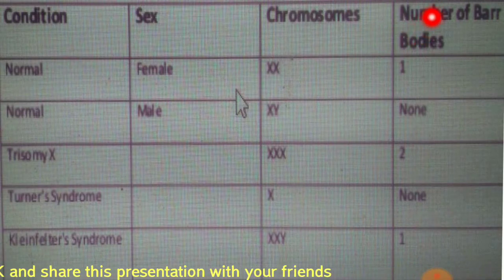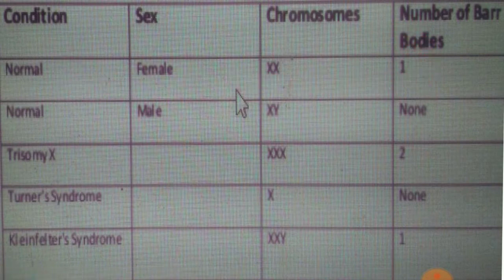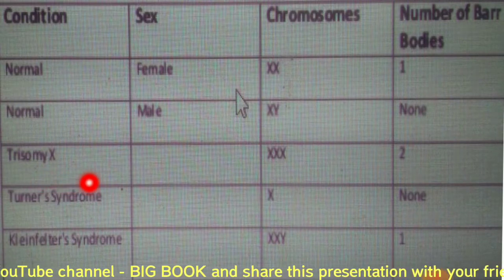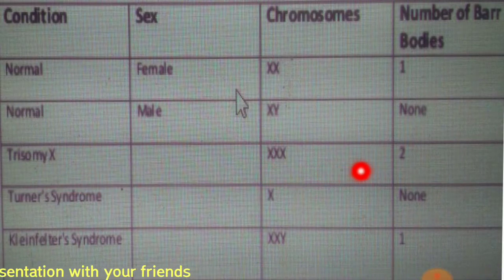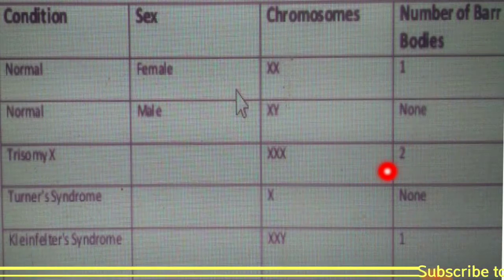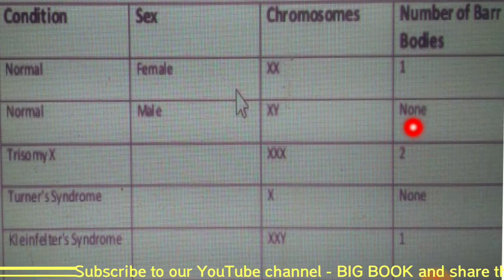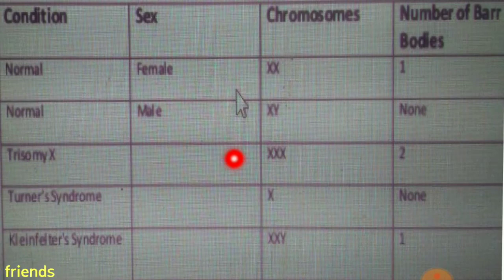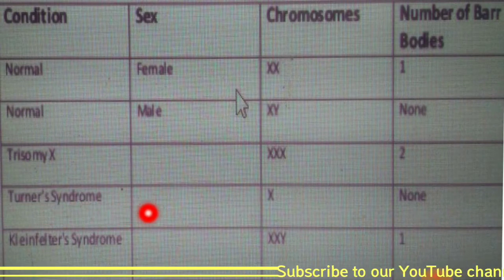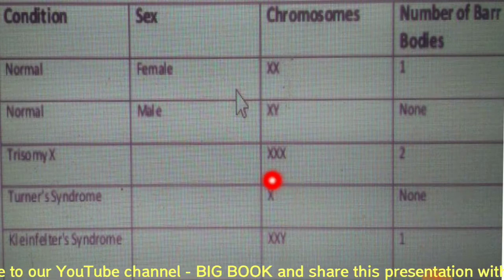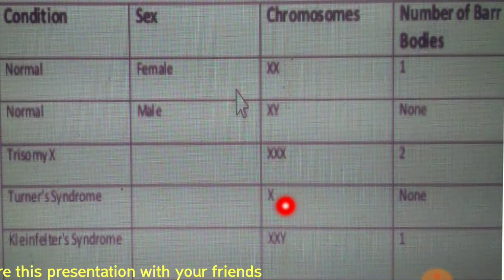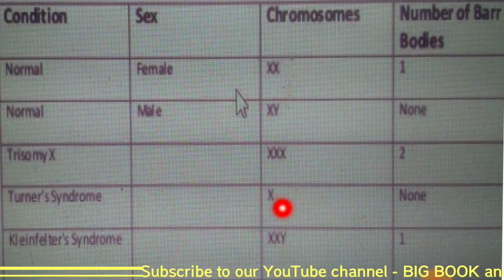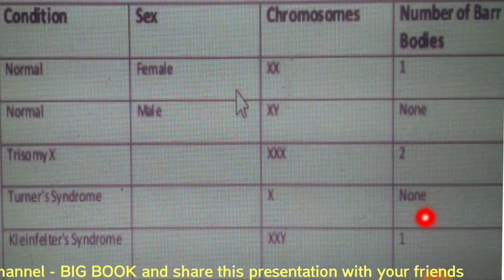And here is the trisomy syndrome, that is, XXX is the trisomy syndrome, which is going to have 2 Barr bodies, but the total number of sex chromosomes is 3. Now if you see Turner syndrome, the total number of sex chromosomes is 1X, and there is the absence of the other sex chromosome. So it is going to have 0 Barr bodies.